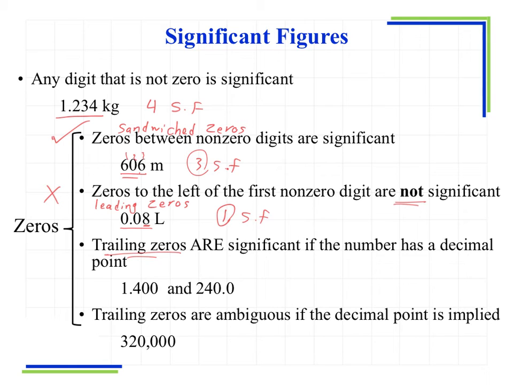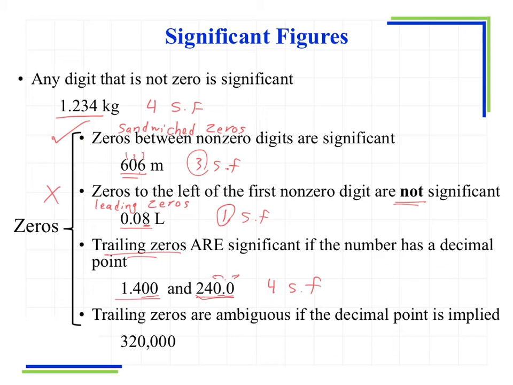And it doesn't matter if the 0 is before or after the decimal point, we still count them as significant figures. So for this one or this one, both of them have 4 significant figures. We have 2 trailing zeros. In here we have both of them after the decimal point. In here we have 1 before and 1 after, but it doesn't matter. We have 4 significant figures.